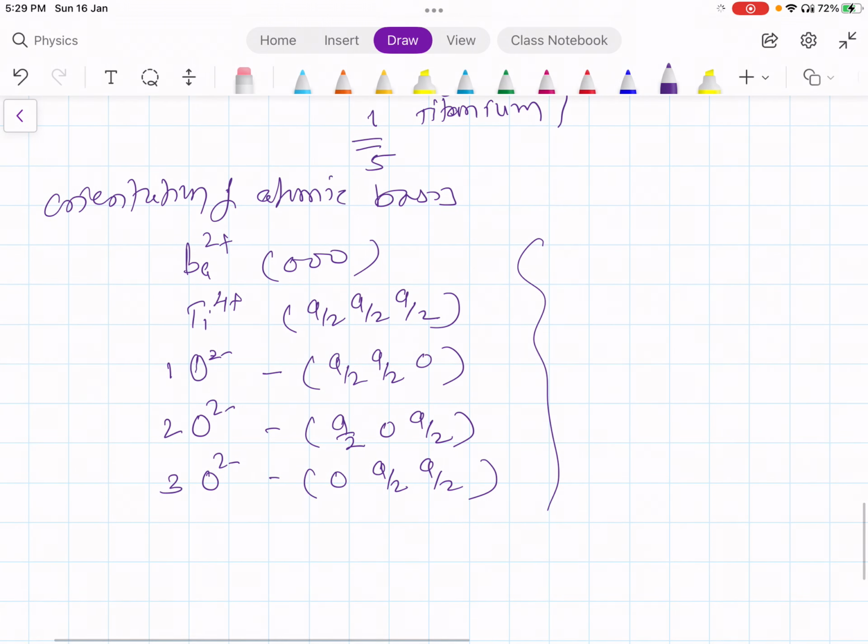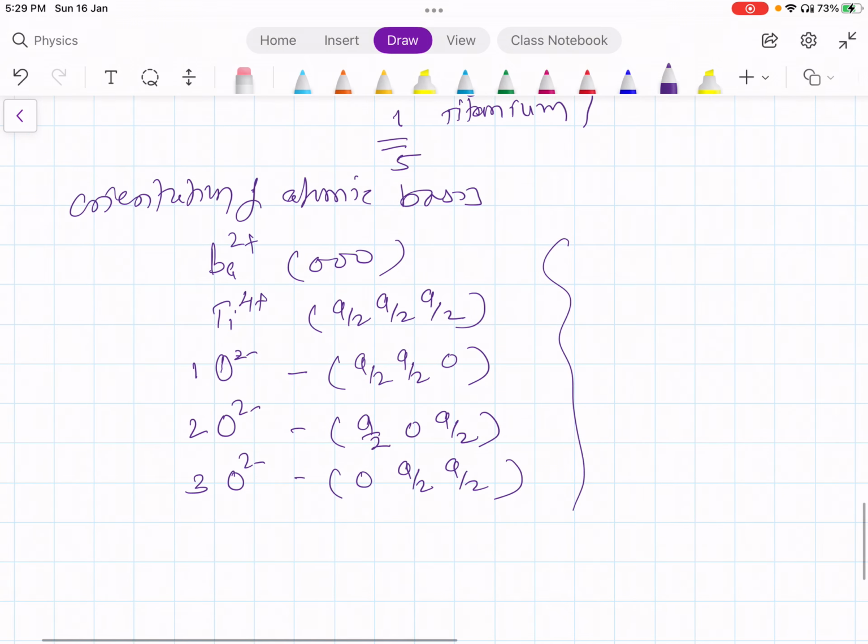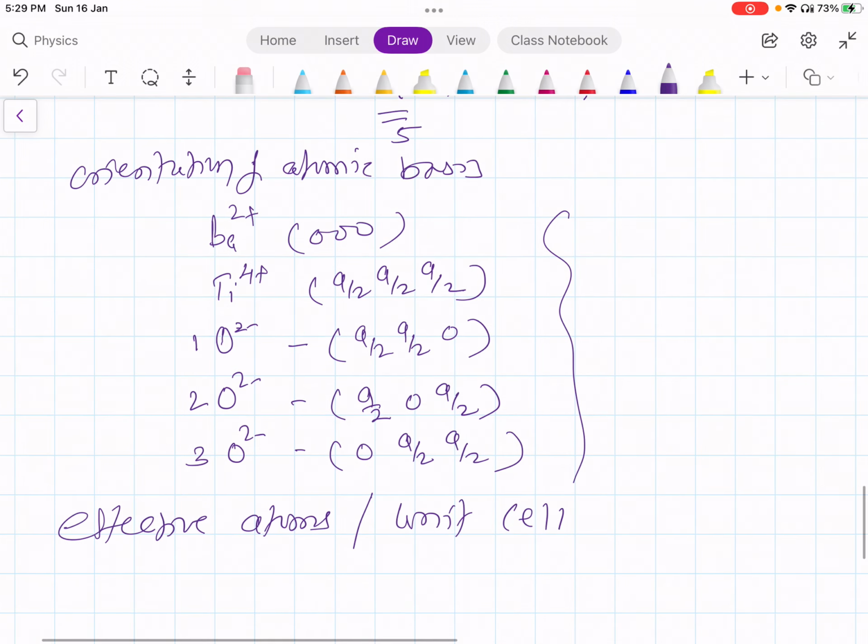Then find out how many effective atoms per unit cell. We are going to find effective atoms per unit cell. Now barium is at the eight corners of the unit cell.